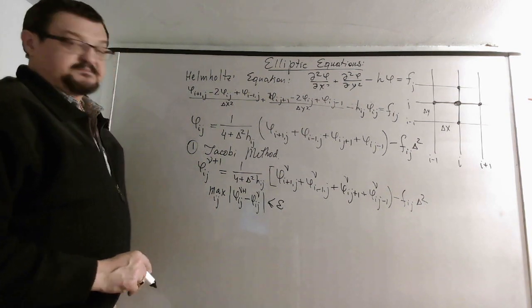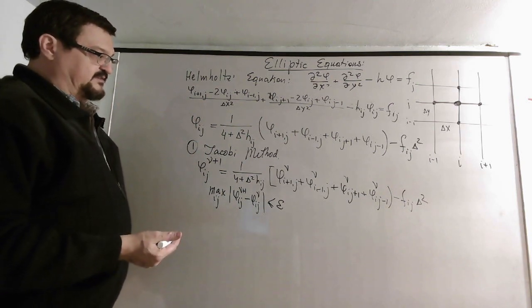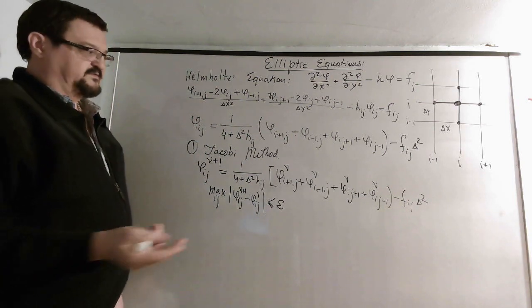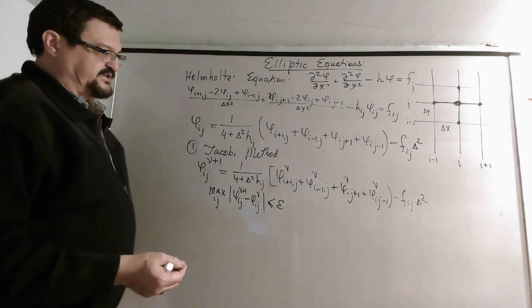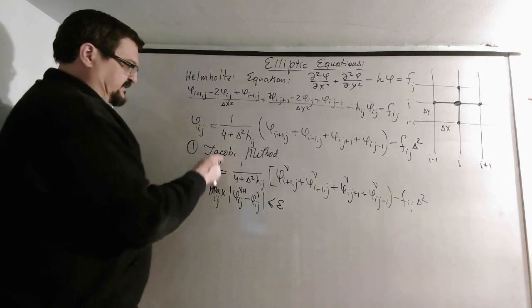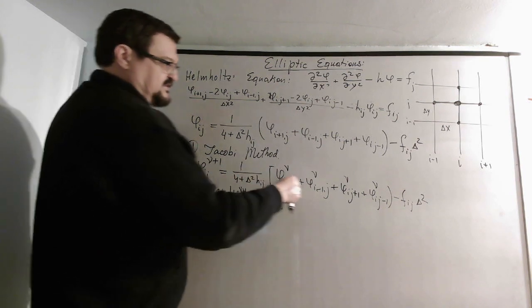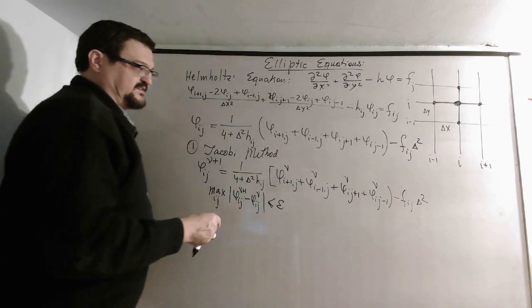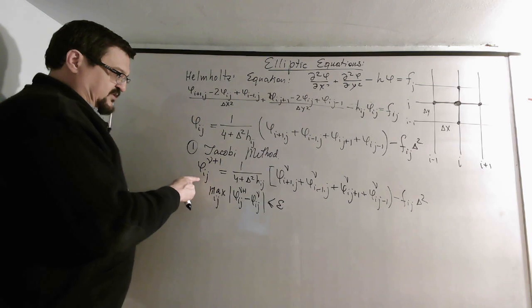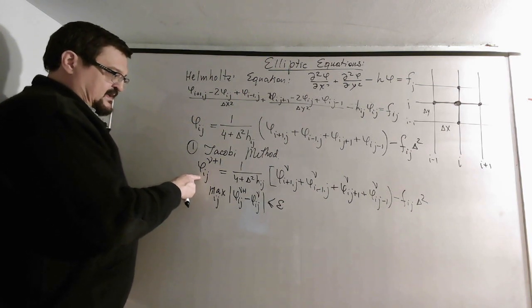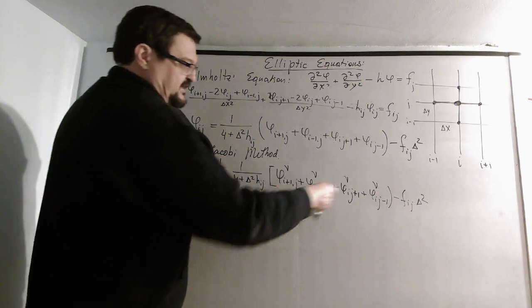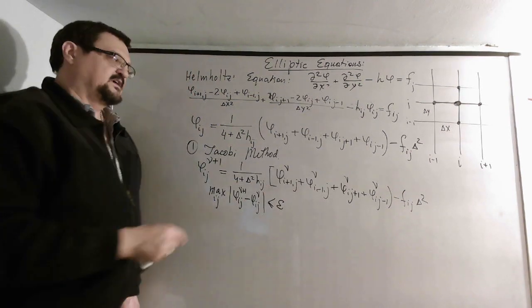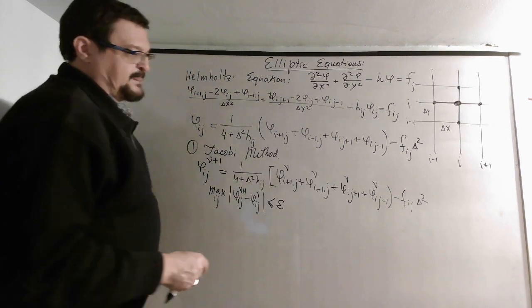So this is a very simple method. The drawback is that you actually need 2 arrays for phi, so there is some penalty for storage. If you use the same array, you will be overwriting values that you previously computed.